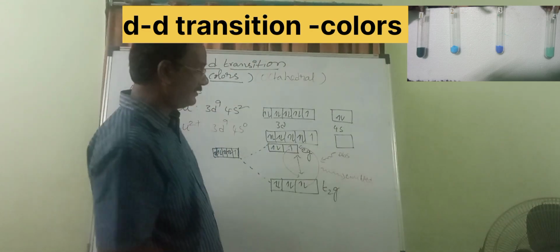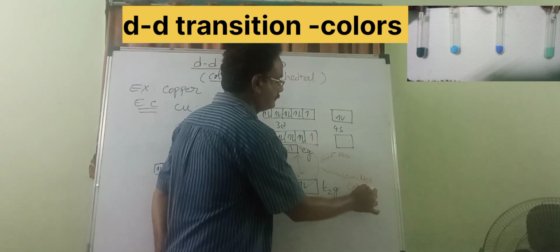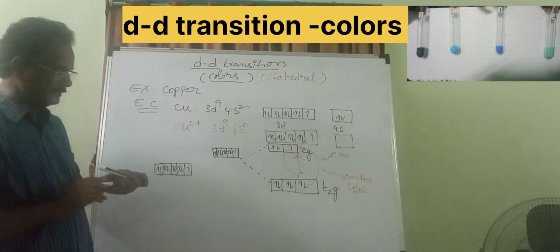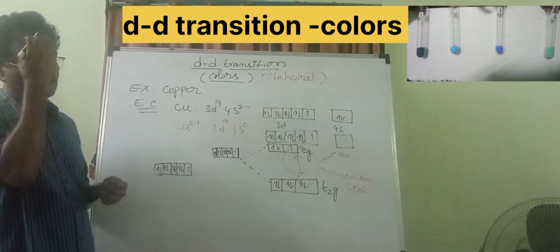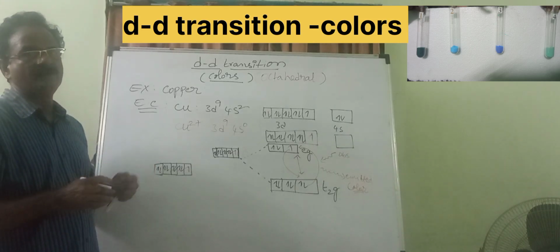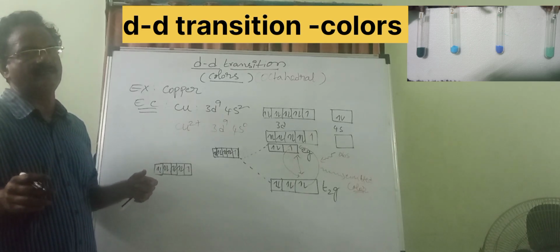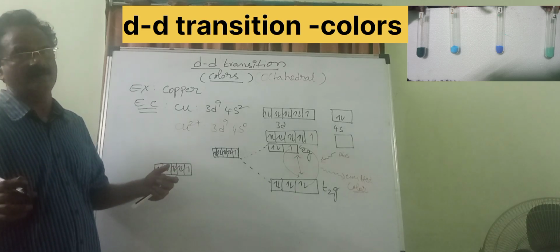Okay, this emitted energy will appear as color. So this is the process happening in case of Cu2+. In case of any transition metal cation, this is the process taking place and it is responsible for color.